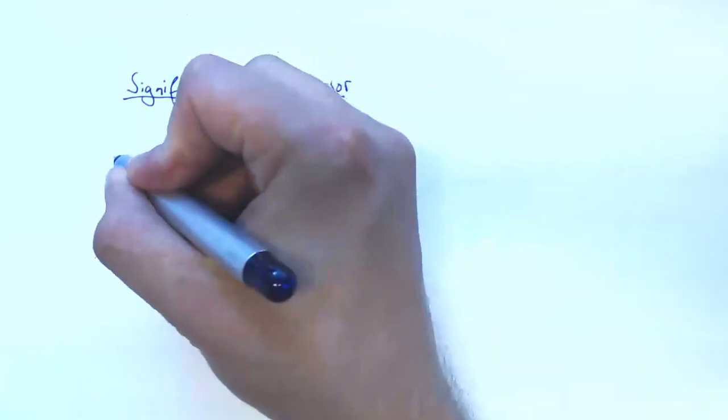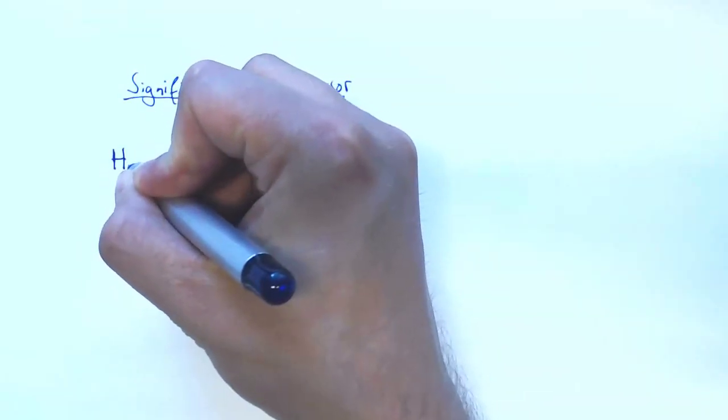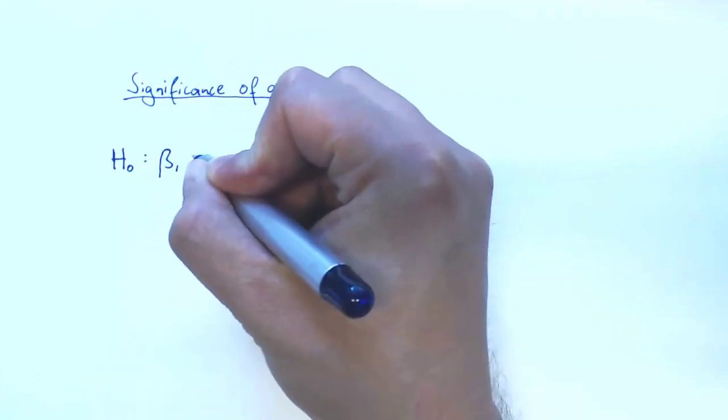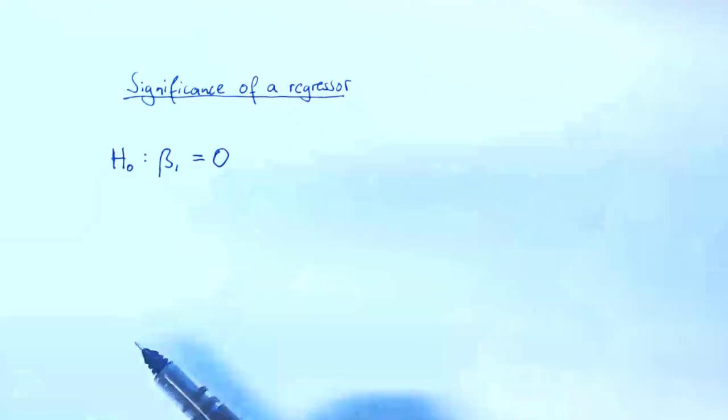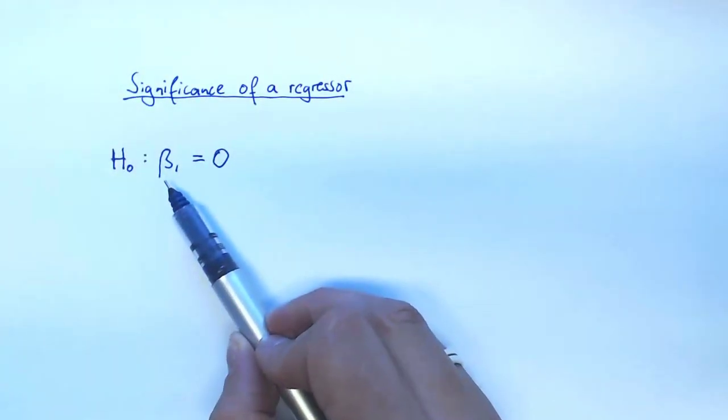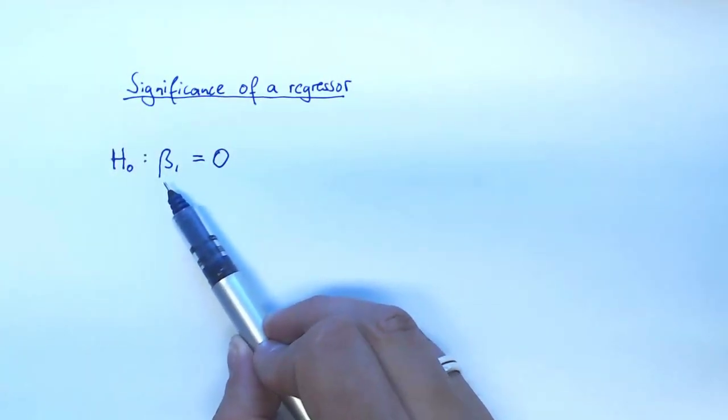Now let's look at one very common application of the two-sided t-test. The two-sided t-test allows us to test hypotheses of the form beta 1 equal to a number. For example, we could choose this number to be 0. Now beta 1 is the effect of x1 on the outcome.